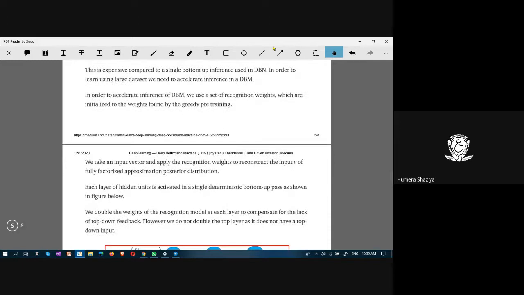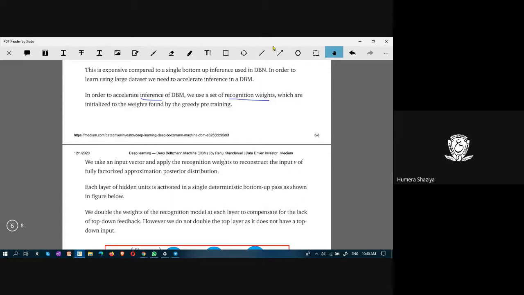To accelerate the inference of DBM, a set of recognition weights are used, found by greedy pre-training. Greedy pre-training finds a set of weights. Those weights are subsequently used to perform inference, which is nothing but generation of the posterior distribution.